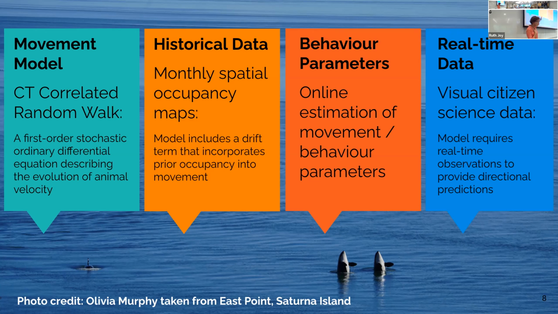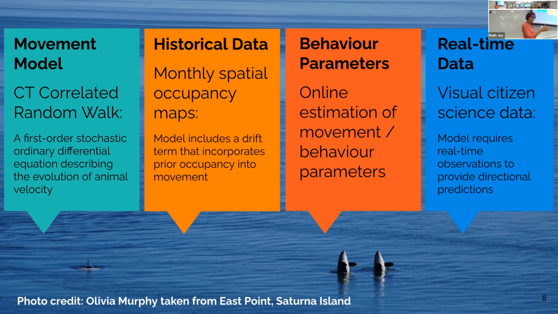And historical data, we integrate density surfaces or occupancy models of where killer whales like to go as a term in the model, and I'll briefly touch on that later. As well, there's a set of parameters that describe how an animal is moving.